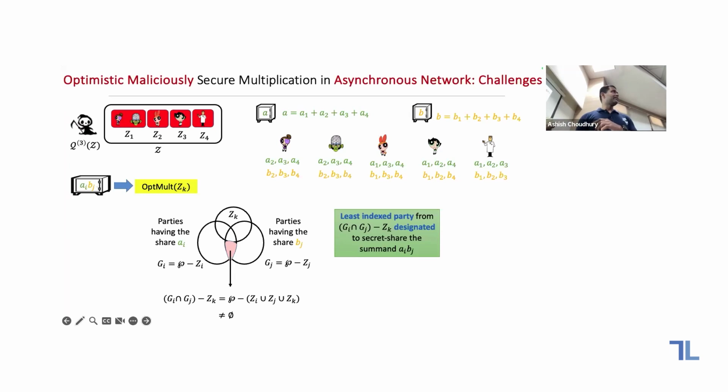What will be the challenge if we take this to the asynchronous model? Now this least indexed party might be a corrupt party, and we don't know how long we have to wait for its version of ai times bj to be available. We cannot make progress in the protocol if that designated party, the least indexed party, fails to secret share ai times bj. That's the first challenge.